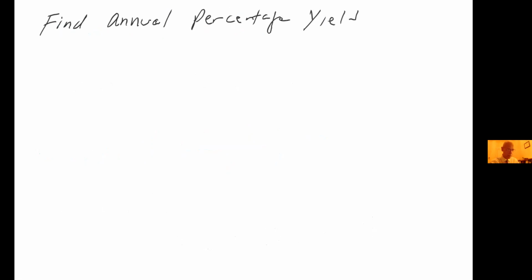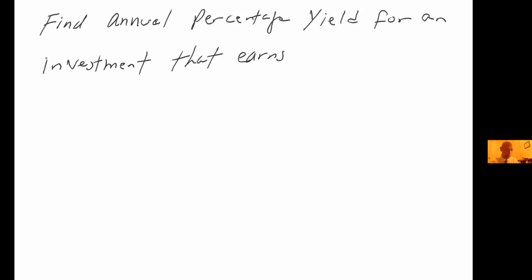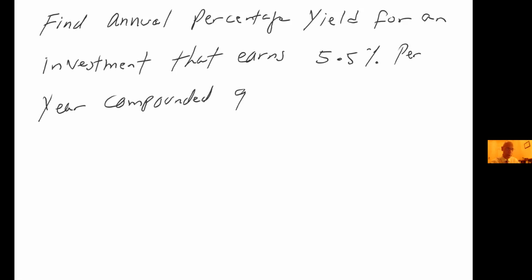Let's say find the annual percentage yield for an investment that earns 5.5% per year, compounded. This time, let's do it quarterly.